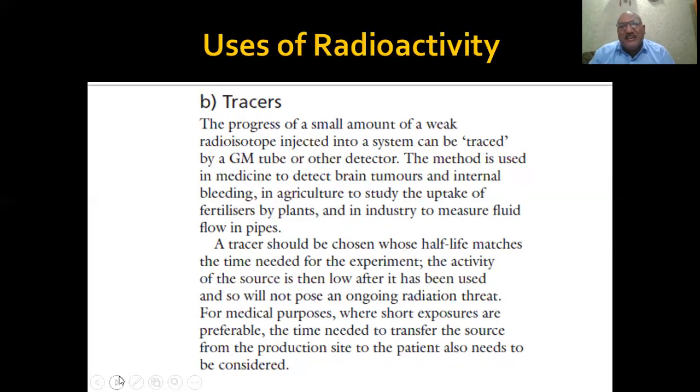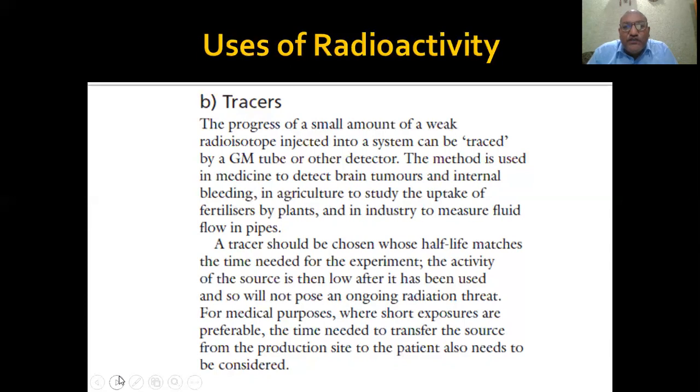We will read this slide also, and you will be able to understand. The progress of a small amount of a weak radioisotope injected into a system can be traced by a GM tube or other detectors. The method is used in medicine to detect brain tumor and internal bleeding, in agriculture to study the uptake of fertilizers by plants, and in industry to measure fluid flow in pipes.